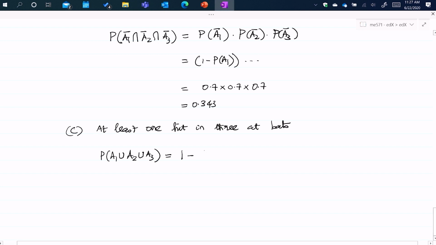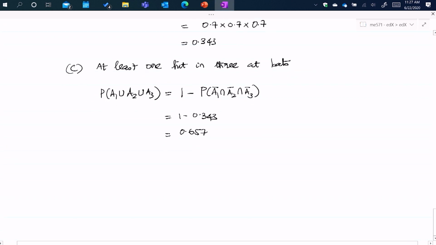This is nothing but 1 minus the probability that the player will not hit in the first at-bat, not in the second at-bat, and not in the third at-bat. That turns out to be 1 minus 0.343, which we estimated in part B, and that's 0.657.